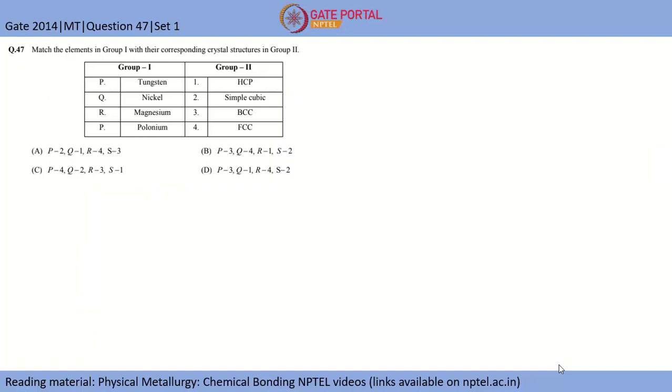Here a match the following is given, where four different materials are given and you need to find out the crystal structure of those four elements and pair them. So I will give you 2 minutes to do that.